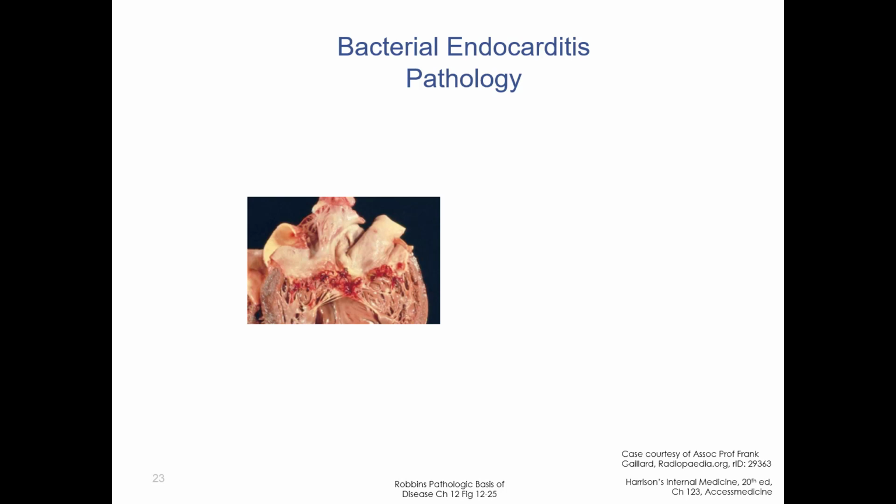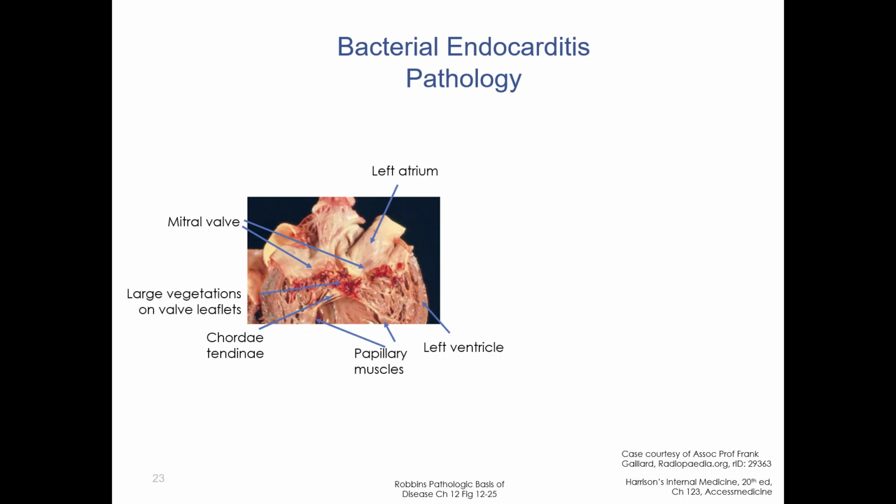Here is our heart with bacterial endocarditis. First, let's orient ourselves. This is the left atrium. This is the left ventricle. Here is the mitral valve. Here are the chordae tendineae. And here are the papillary muscles. Here, of course, these numerous large red lesions represent the vegetations on the valve leaflets.